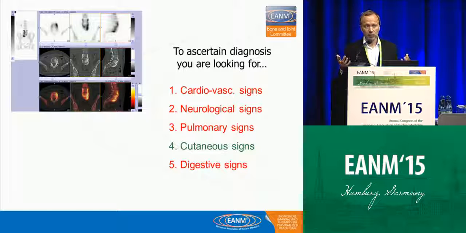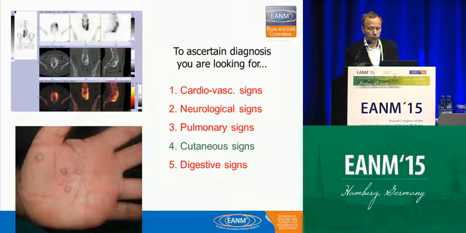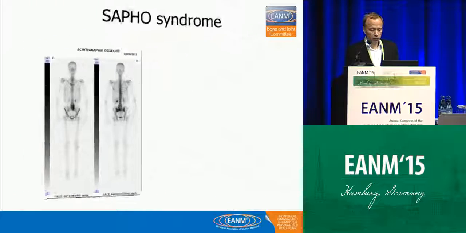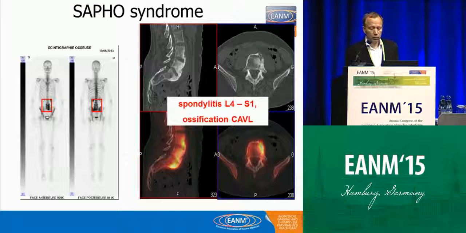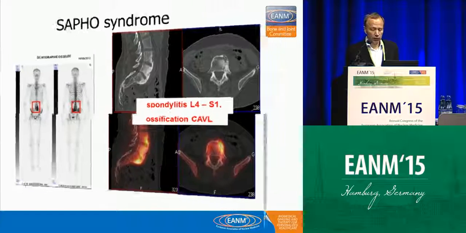So there is no need to perform a full clinical physical examination. It's plain, it's obvious, and it bears some prognostic element. Of course, there was palmoplantar pustulosis in this SAPHO syndrome. So the answer was spondylitis L4-S1 with ossification of CAVL.